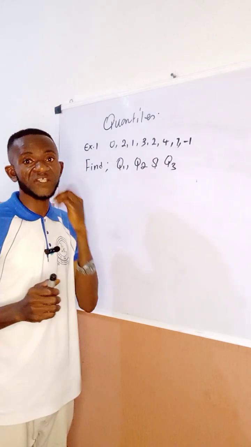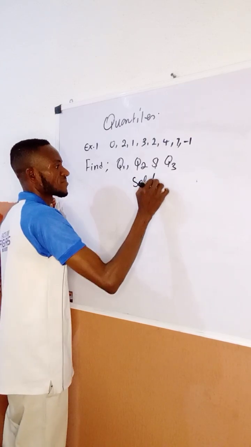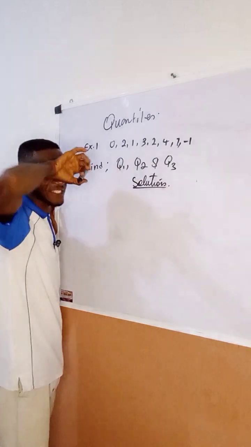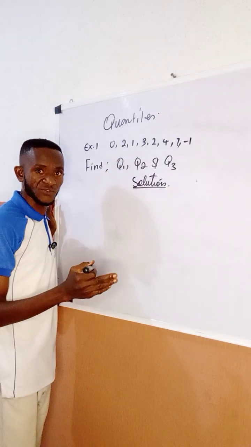So what we are going to do first is write the solution. After that, we arrange these numbers in ascending order of their values.